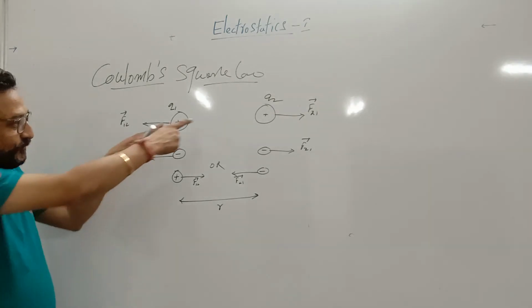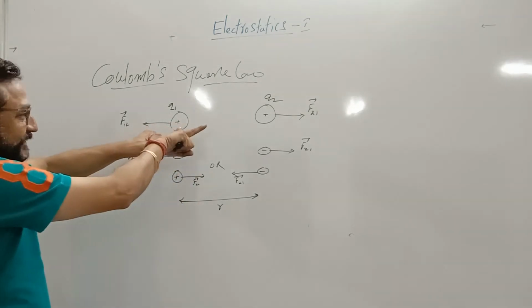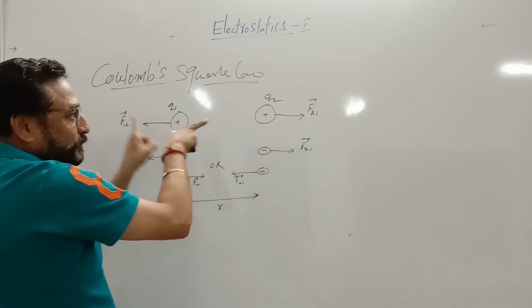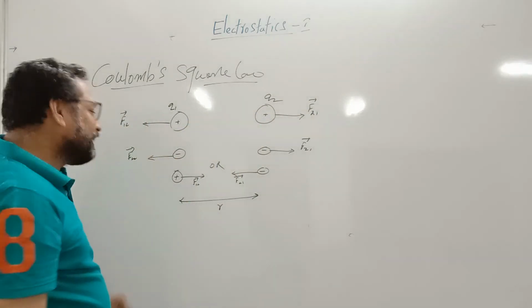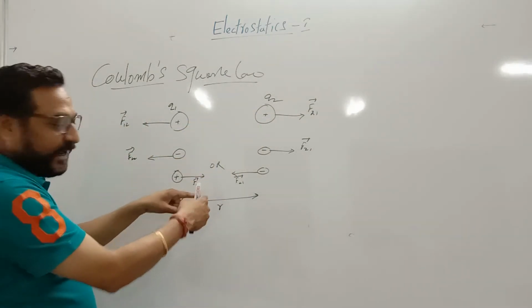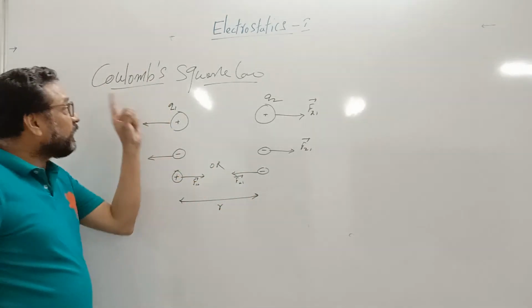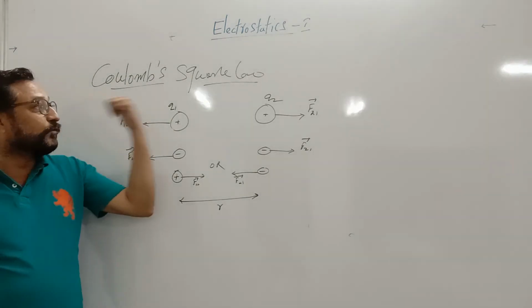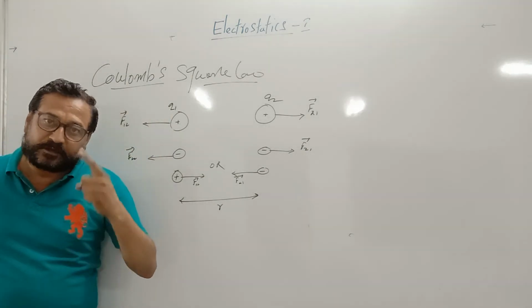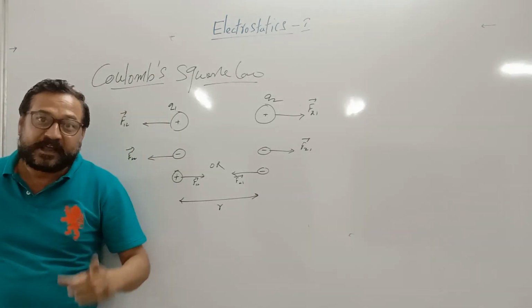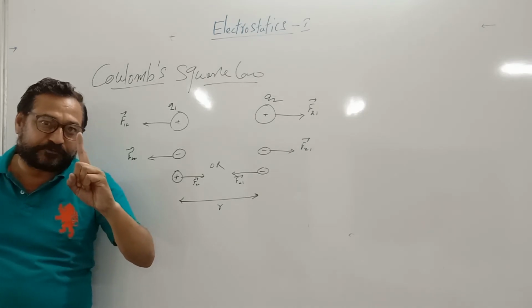How is it? Like the first case, please see. In this condition both the forces are acting in opposite directions? Yes. And the same as in the force of attraction, again they act in opposite directions. It means Coulomb's inverse square law follows Newton's third law of motion. Every action has an equal and opposite reaction.